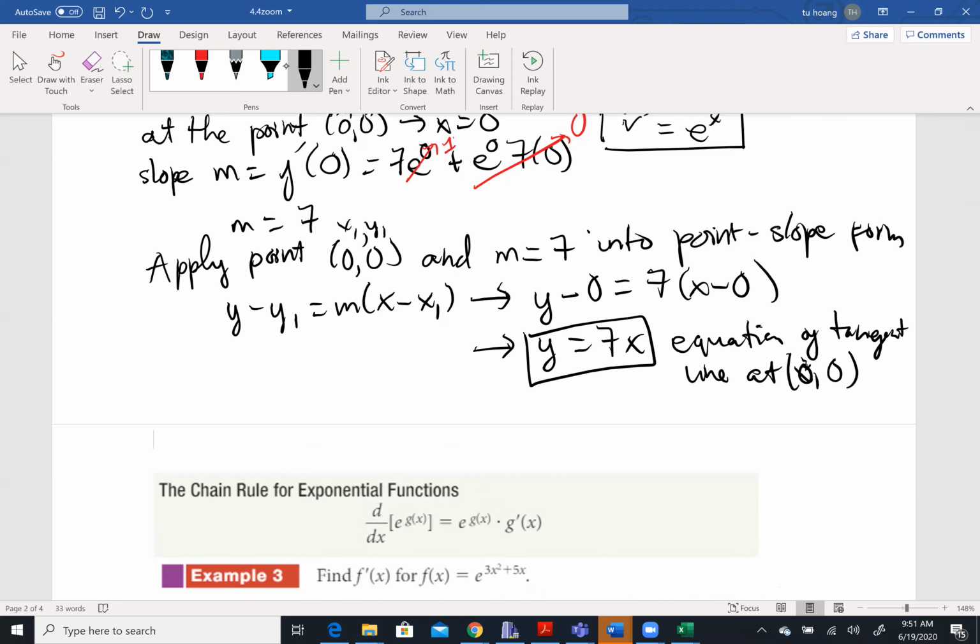Okay, so another question is, what is the derivative of a composition function, or say a composition exponential function?